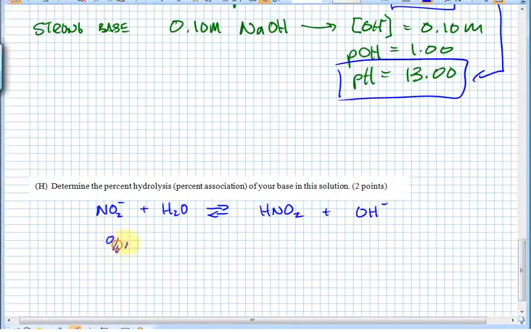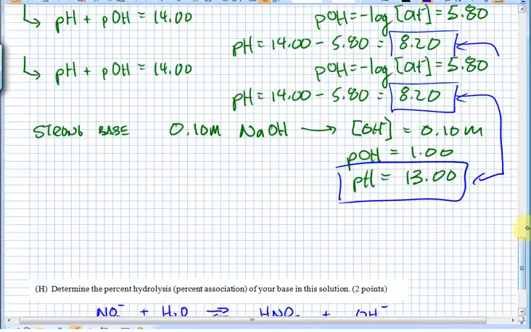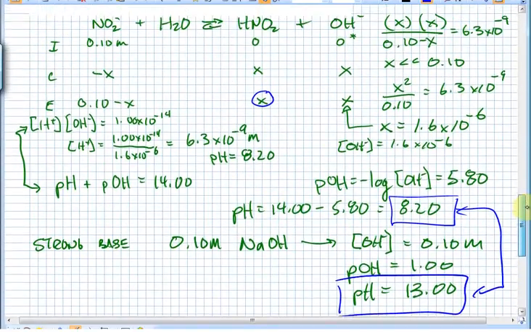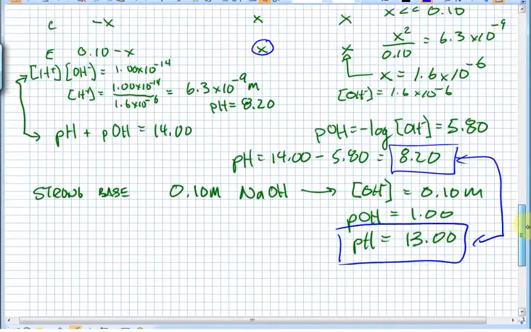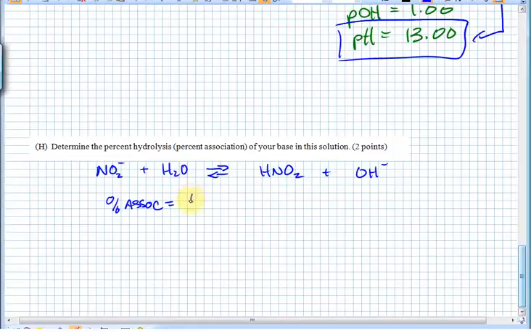So our percent association, or percent hydrolysis, is just going to be equal to our concentration of either the hydroxide or the acid produced, 1.6 times 10 to the minus 6, divided by the original concentration that we started with, 0.10, times 100%. You can see this is going to be a very, very tiny percentage.